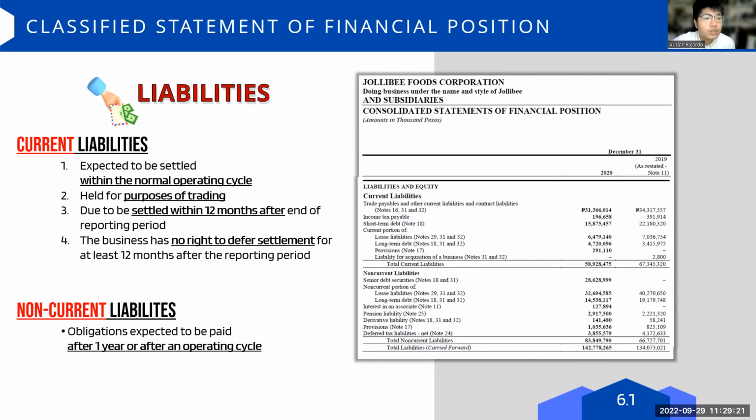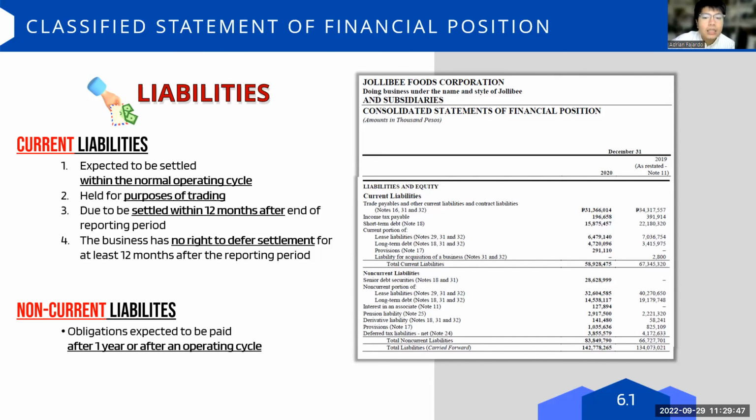Or third, it is due to settle within 12 months after the end of the reporting period, and the business had no right to defer settlement. Examples of current liabilities would be accounts payable, the current portion of your long-term notes payable, etc. Income tax payable, salaries and wages payable, utilities payable, all of them are current liabilities.